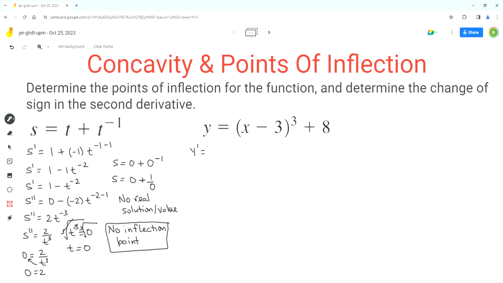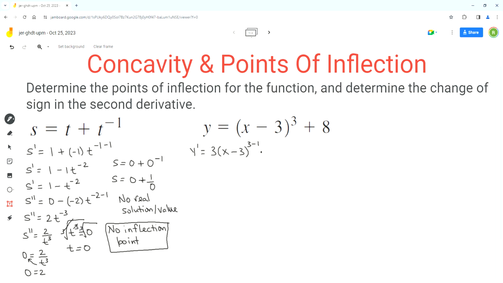Now for the first term we'll have to use the chain rule because it has an inner function x minus 3 and the outer function is the exponent 3. So we start with the derivative of the outer function. So we'll have to use the power rule. So we move the exponent 3 to the front and we subtract 1 from the exponent, times the derivative of the inner function.